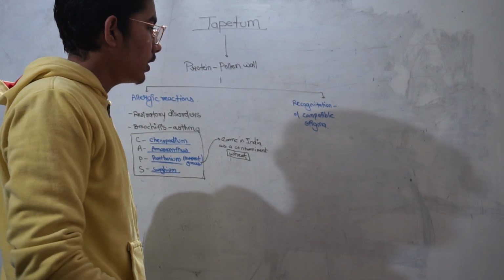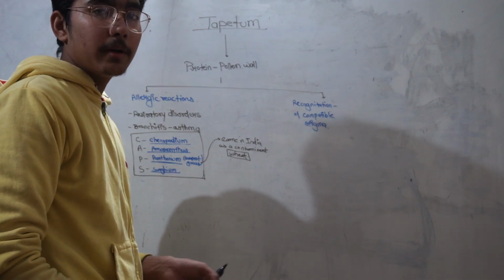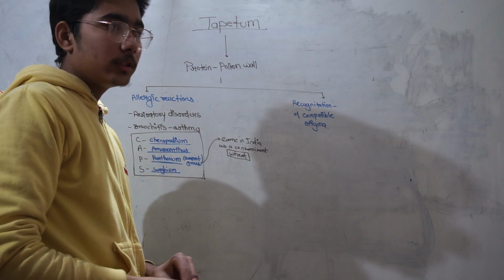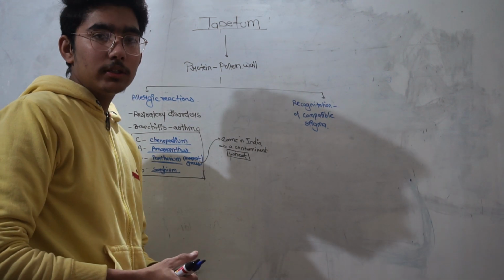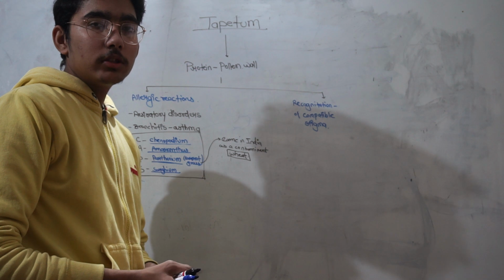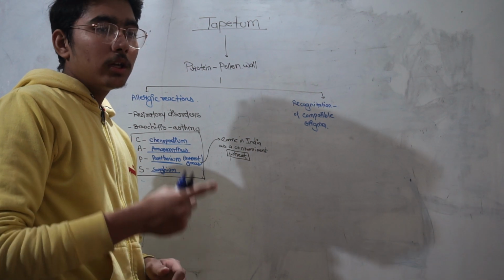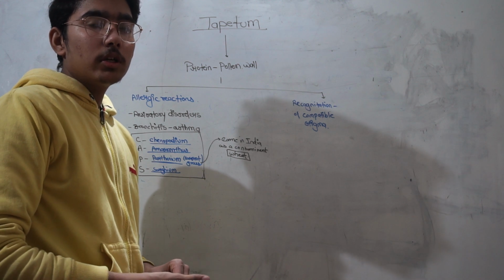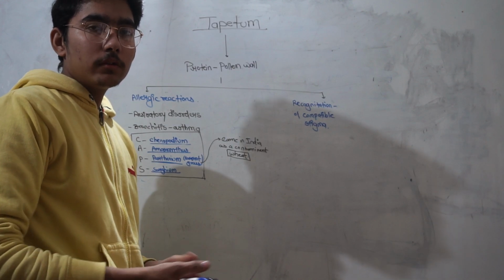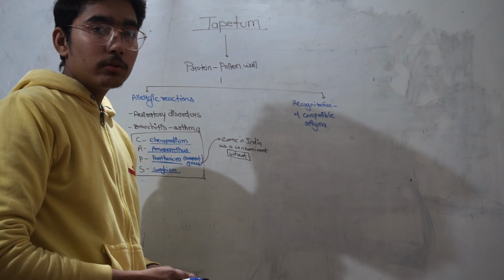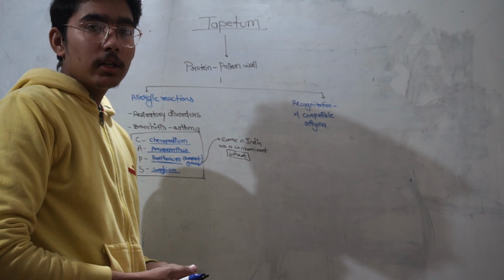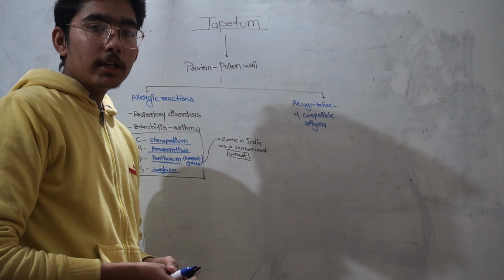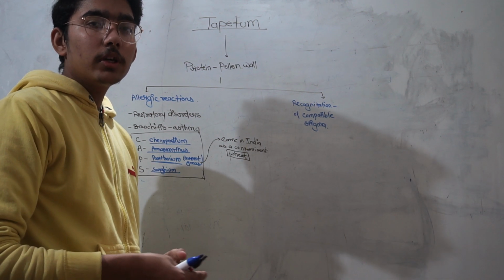Now, what do I mean by compatible stigma? There are some stigma formations in plants which cannot show the path towards the ovary of a plant, so that the pollen grains cannot reach their correct location for fertilization.